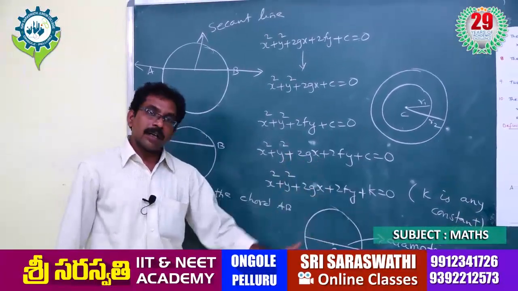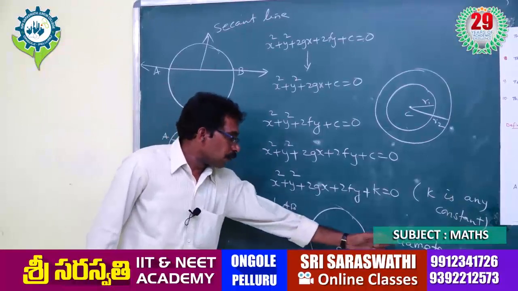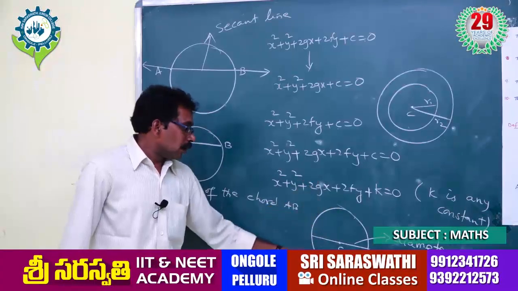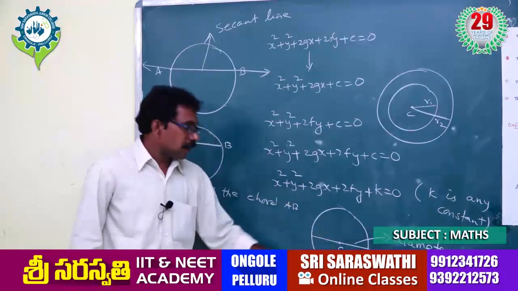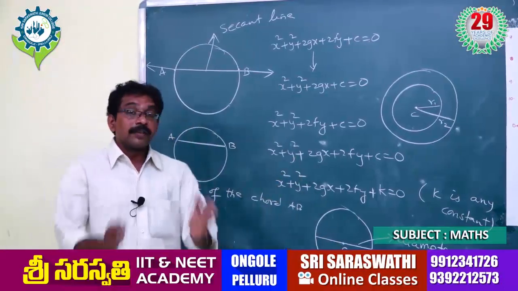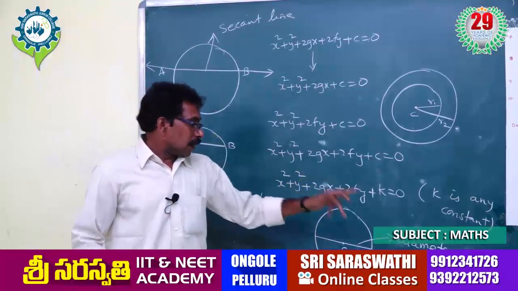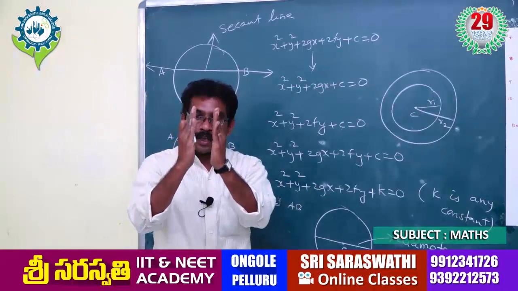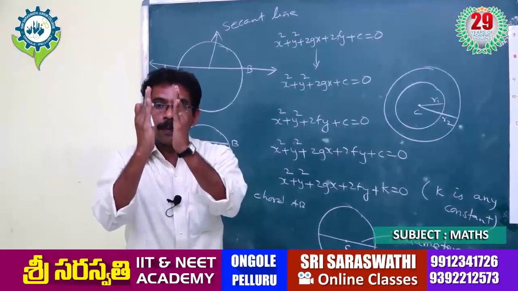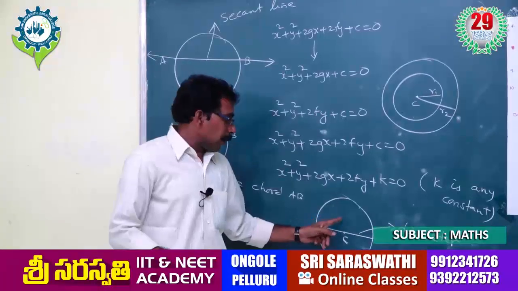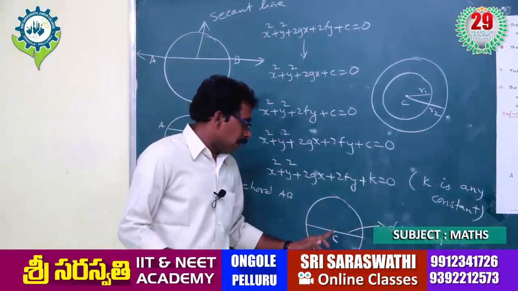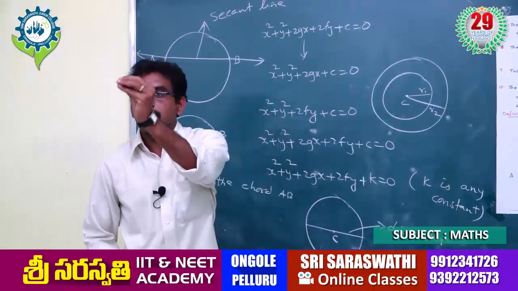We can draw infinite number of diameters for this circle. The diameter cuts the circle into 2 equal parts, and each part is known as a semicircle.